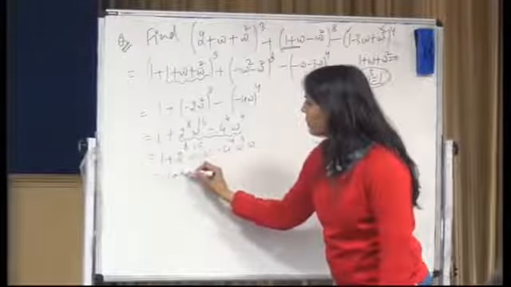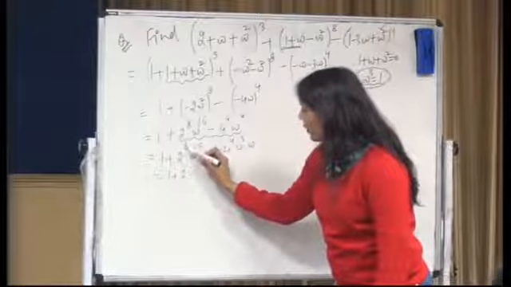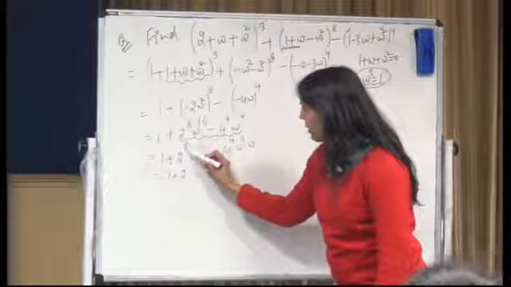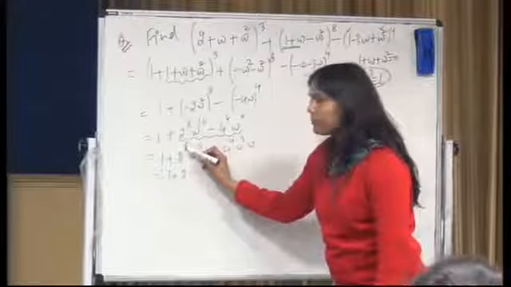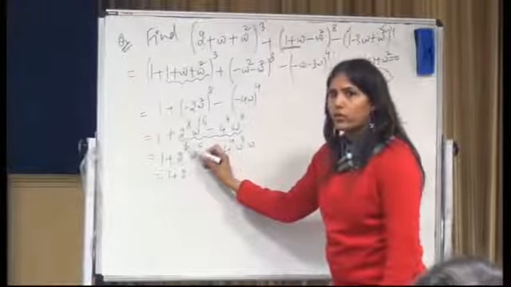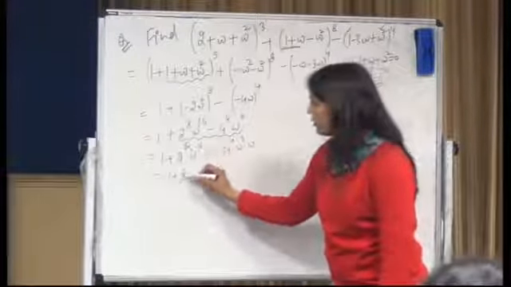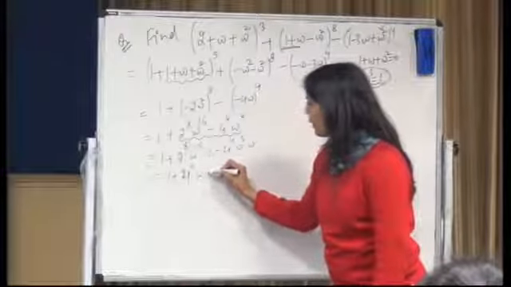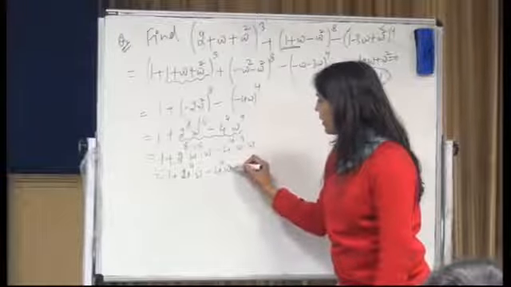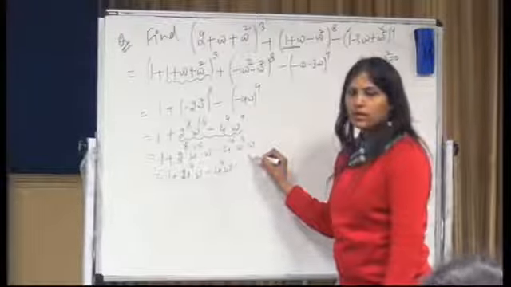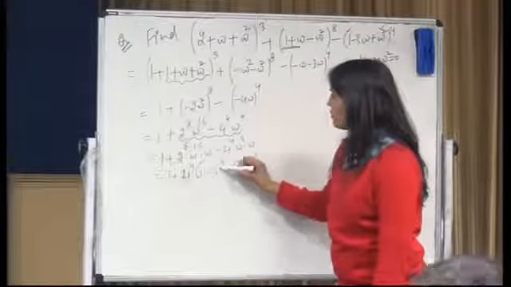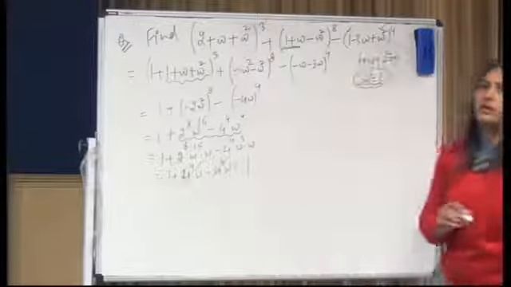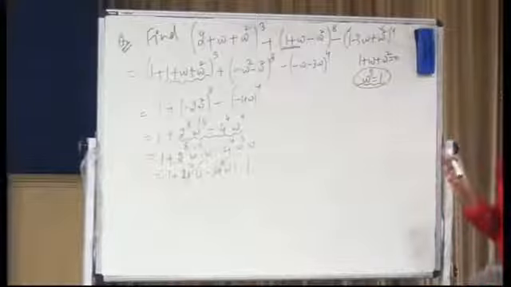So 1 plus 2 to the power... Now what I can do is make it half. So 2 to the power 8, can I write it as 4 to the power 4? So 4 to the power 4 omega minus 4 to the power 4 omega is ultimately 1, because these two terms are the same with only a negative sign difference. Is it okay?